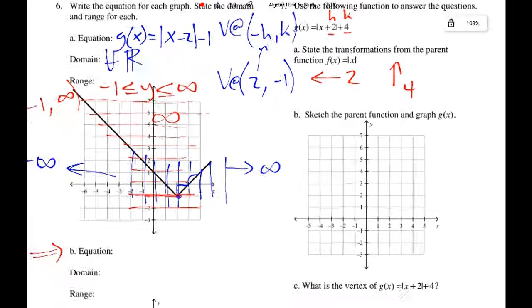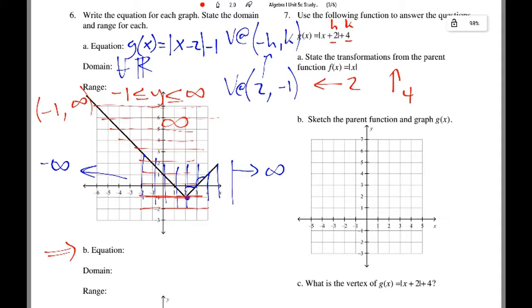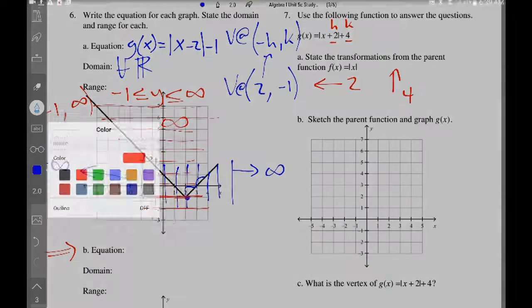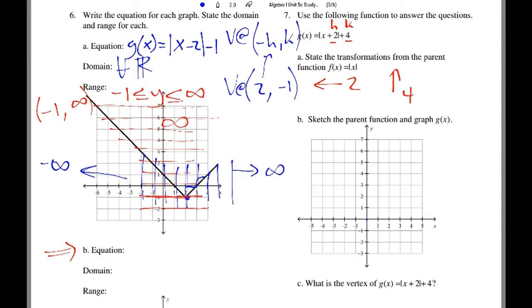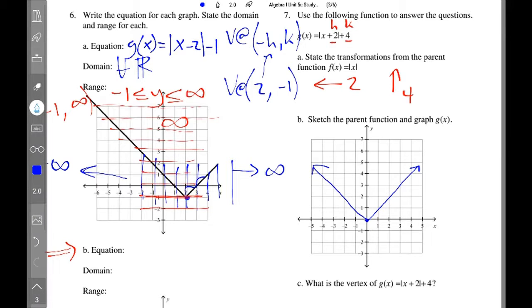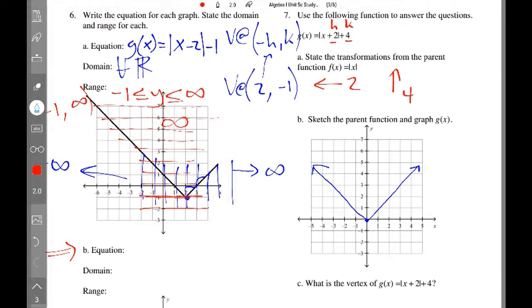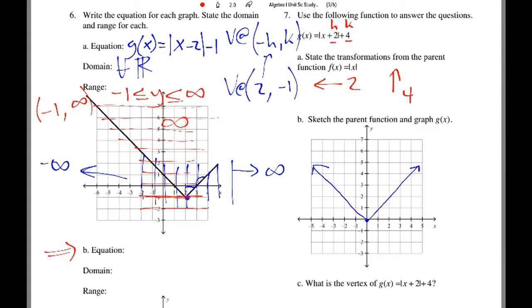Now if we sketch the parent function and we graph the g of x, you're going to know something. So here's your parent function. I'll do this one in blue. Parent function, its vertex is at 0, 0, up 1 over 1, just like in my notes. Up 1 over 1 for my other ray. But just like in part A, we shift 2 units to the left, 1, 2, and 4 units up, 1, 2, 3, 4.